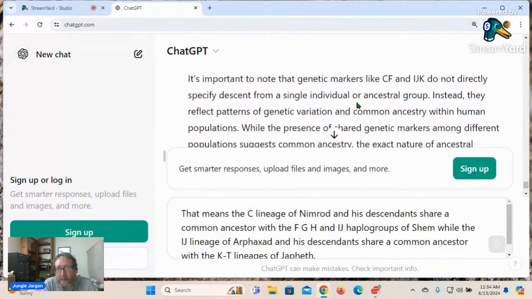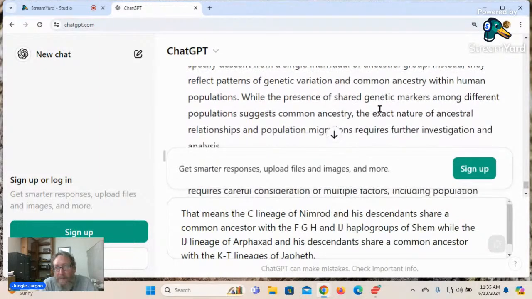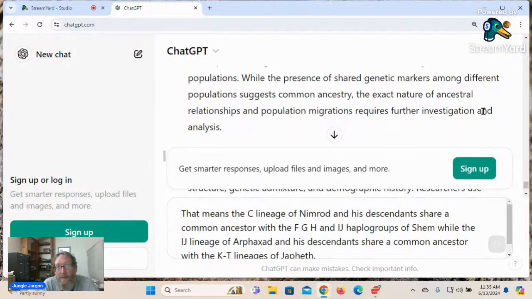It's important to note that genetic markers like CF and IJK do not directly specify descent from a single individual or ancestor group. Instead, they reflect patterns of genetic variation and common ancestry within human populations, while the presence of shared genetic markers among populations suggests common ancestry. The exact nature of ancestral relations requires further investigation and analysis.